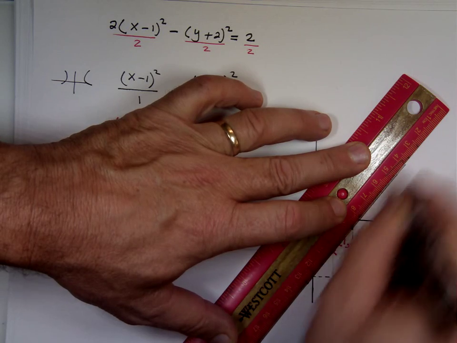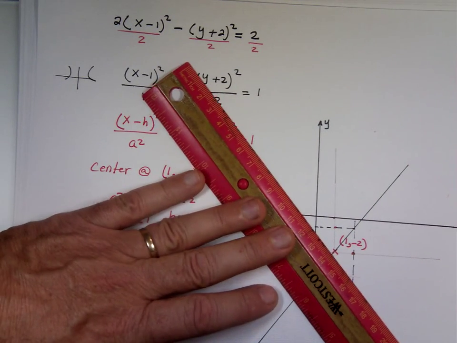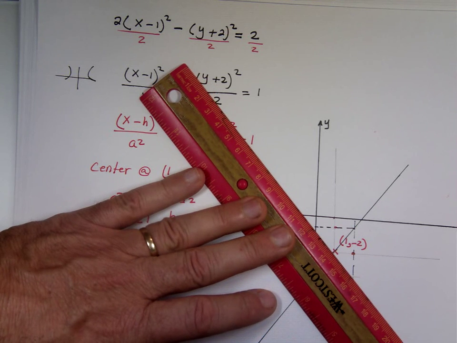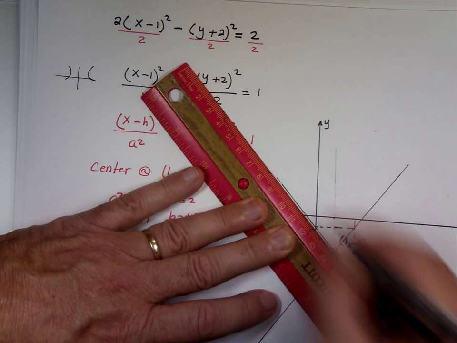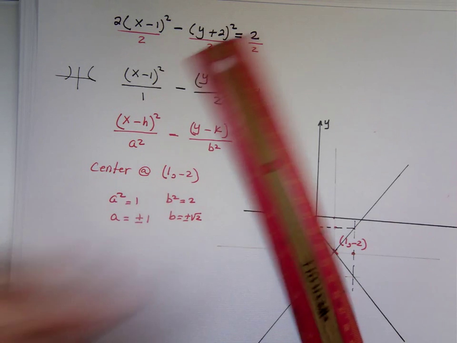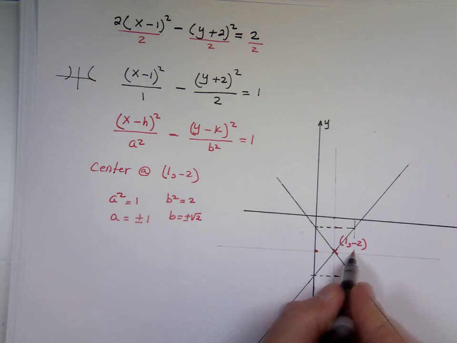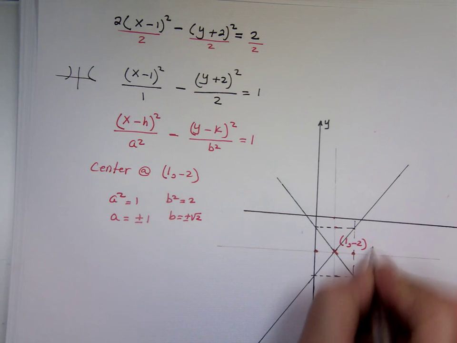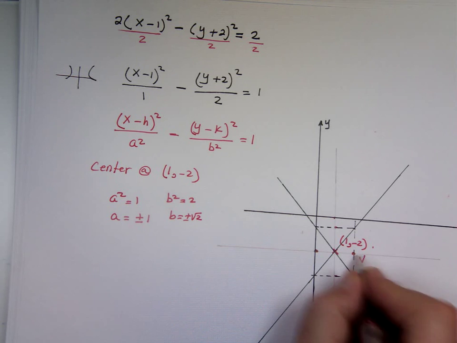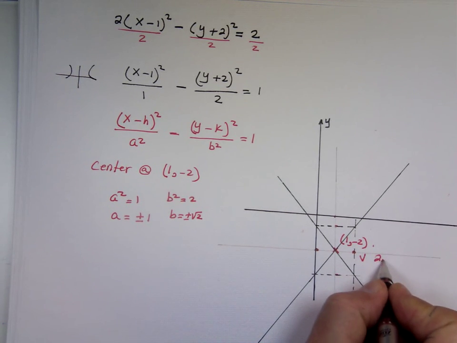That's one asymptote. That's the other one. So there's your point. That's the vertex. There's another vertex here. What is that vertex, the coordinate for it? 2 comma what? Negative 2.